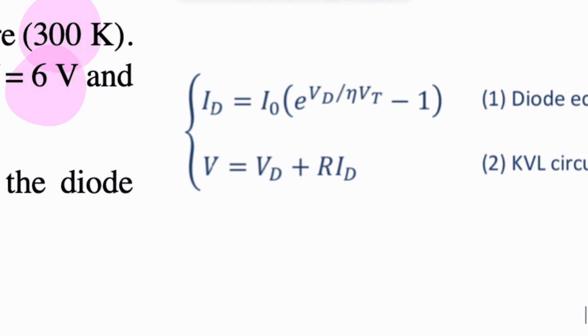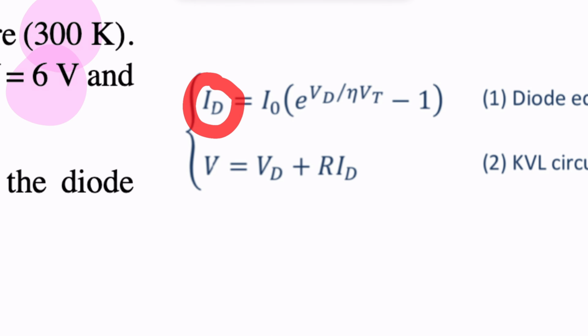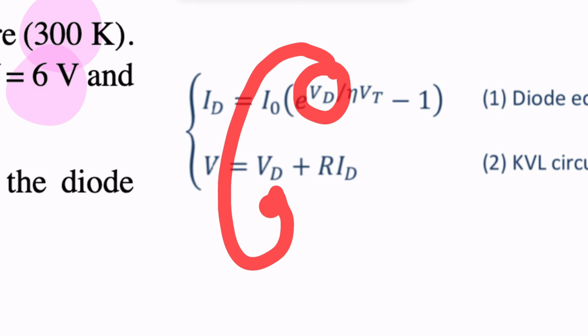So let's look at this. We have ID, that's what we're trying to find. But VT, the thermal voltage, we don't have that. We're going to have to calculate that. VD, that's what we're trying to find as well. So we're going to have to try to maybe guess ID and then find VD and then put that back in there.